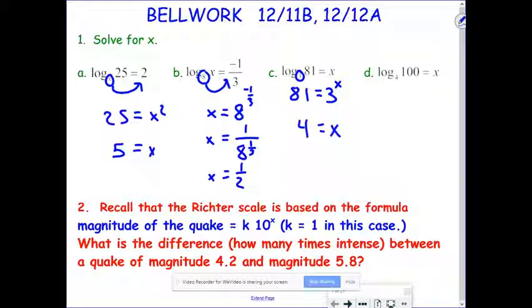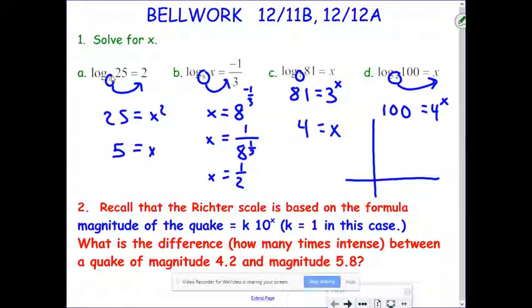In D, I do the same thing. 4 to the x equals 100. But in this case, 4 to the x, well, 4 squared is 16. 4 to the third is 64. 4 to the fourth, that's over 100. So it's not something that we can do by hand yet. So what can we do? We can graph it. We're going to graph both sides. We're going to graph y equals 100.